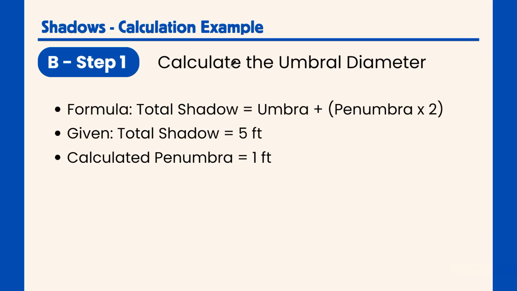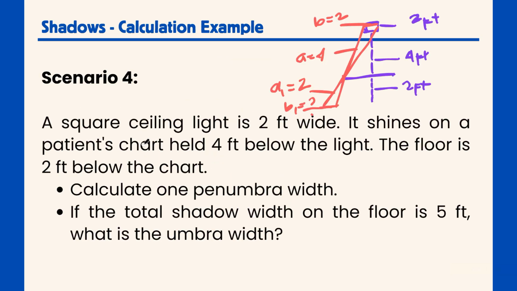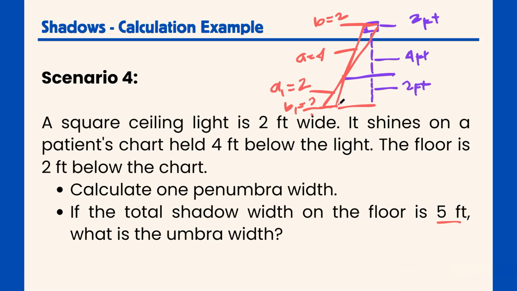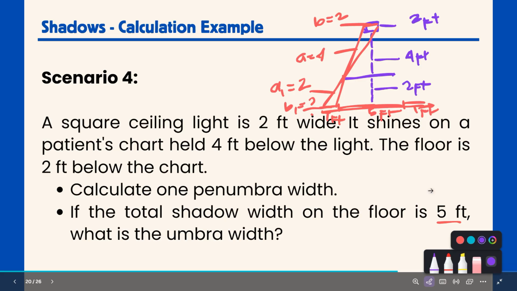So now we can calculate the umbral width. Our calculated penumbra is 1 foot, and then the total shadow. If the total shadow width on the floor is 5 feet, what is the umbral width? The penumbra on each side is 1 foot. This 5 feet is the entire shadow, including the penumbra. What we are looking for is only the umbra, because umbra and penumbra are different.